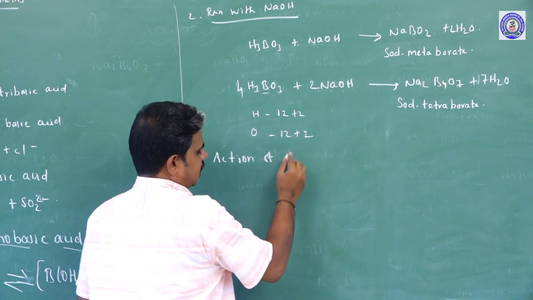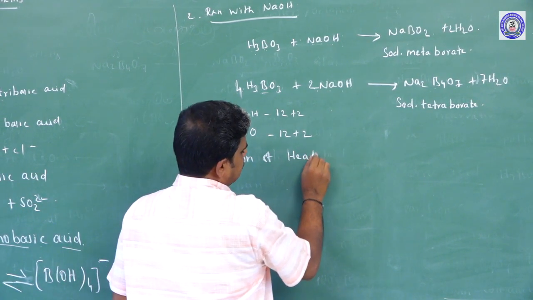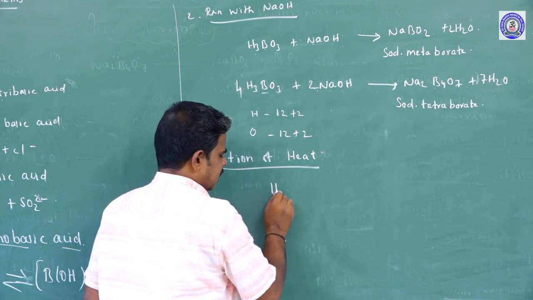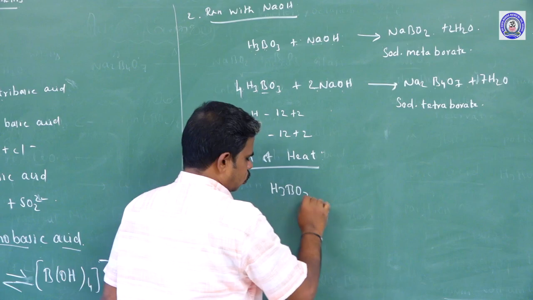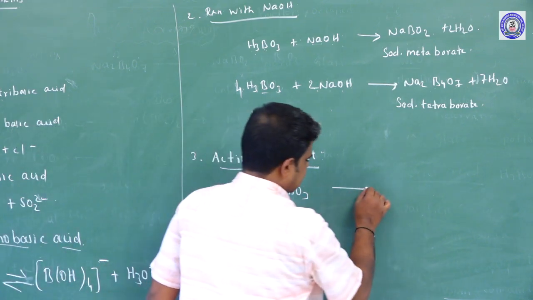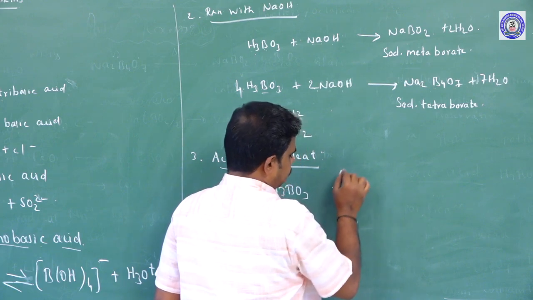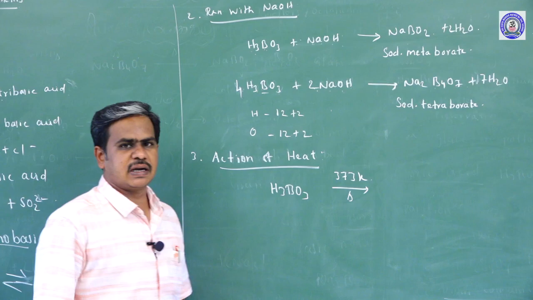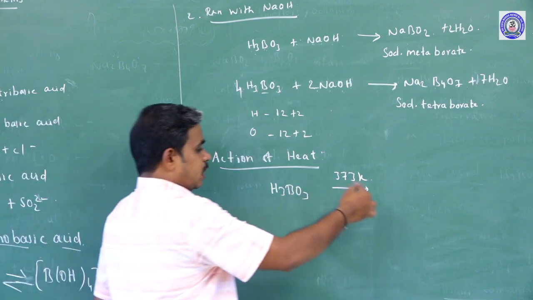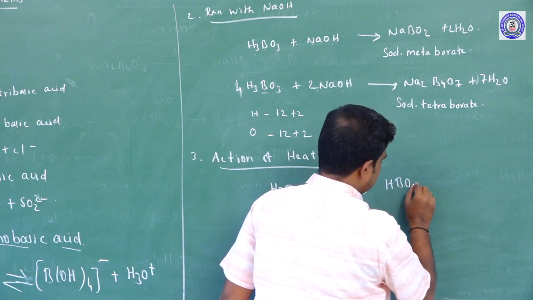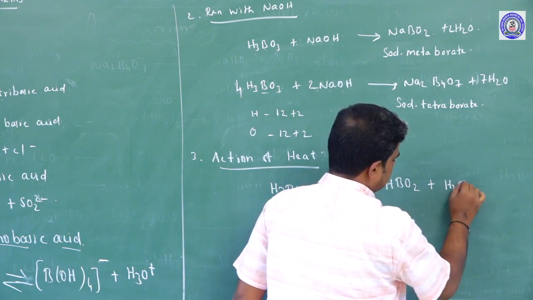Action of heat. What happens when boric acid is heated? Boric acid is H3BO3. Boric acid is heated up to 373 Kelvin. Then it gives metaboric acid, HBO2, and water.